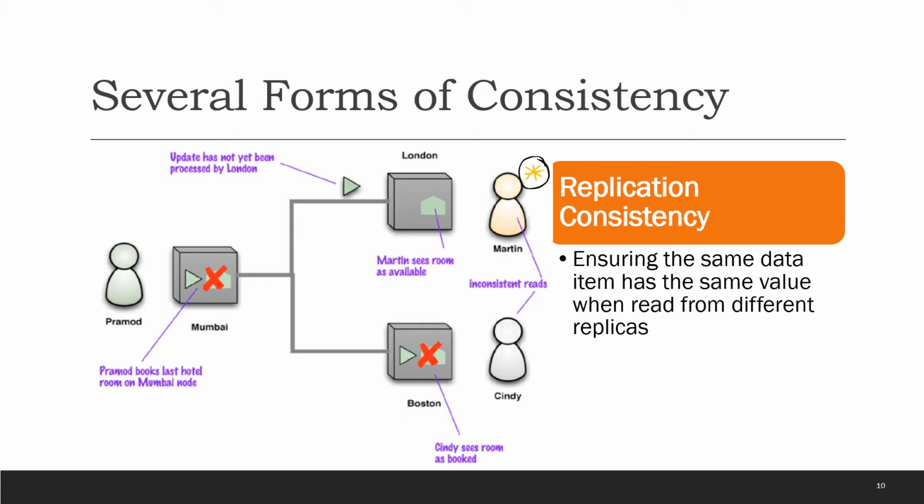Let's look at this example. Suppose we have three nodes: a data node in Mumbai, another in London, and a node in Boston. Let's say we are talking about a hotel reservation system.